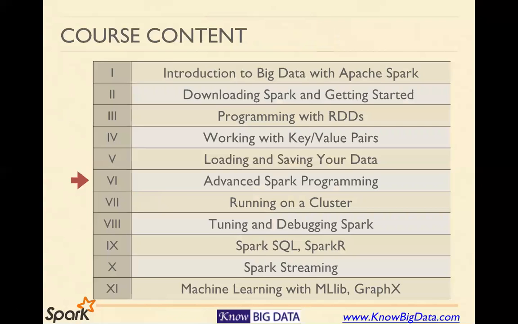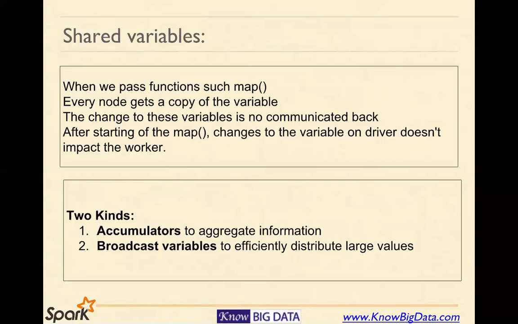Good, great. Let's move ahead. Now, at times we would like to use shared variables. Although we could always load a variable and share it either as an RDD or wrap it inside an object and pass it along.